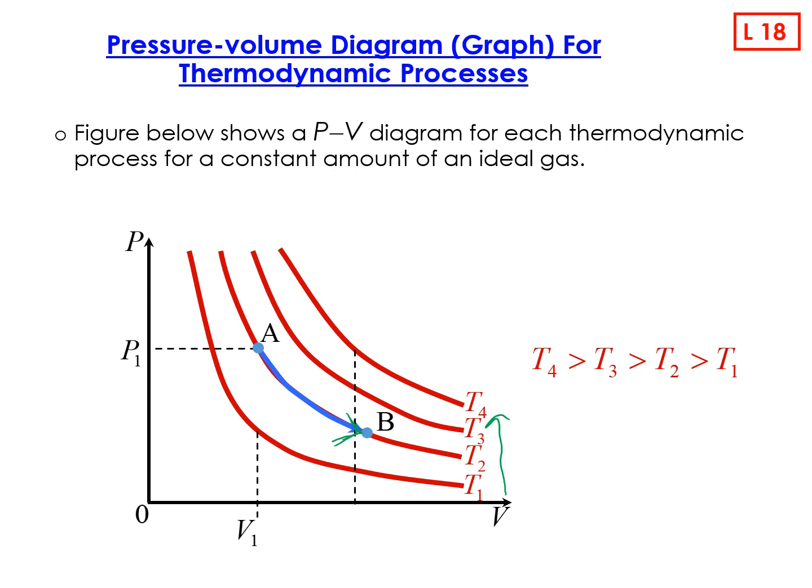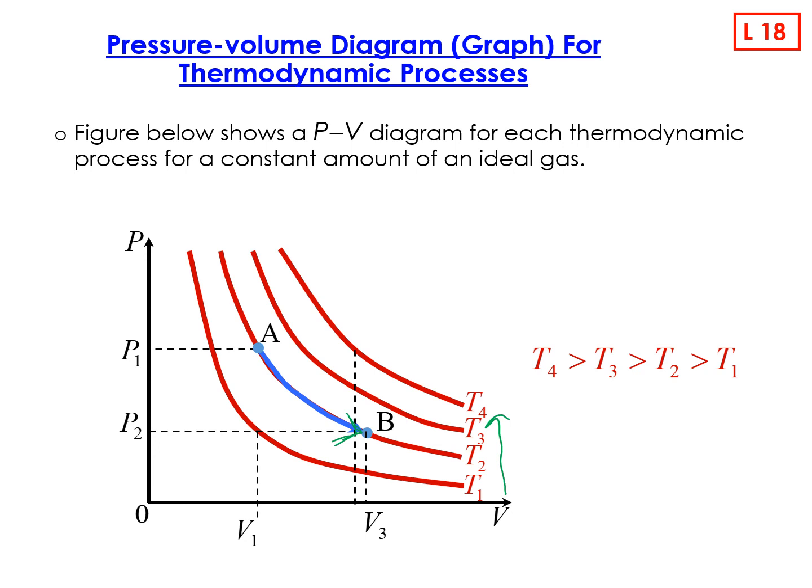You must label the arrow, because from the arrow we can tell whether it is a compression or expansion process.